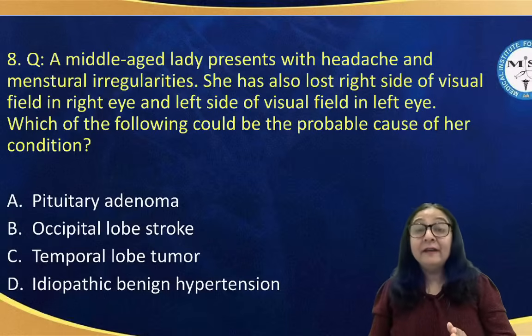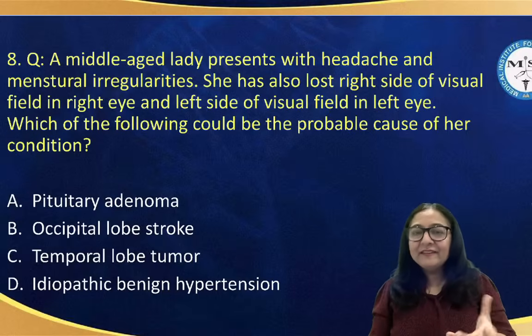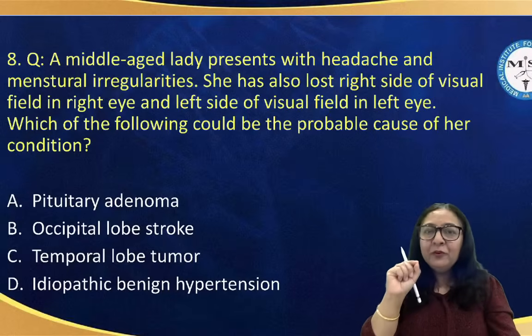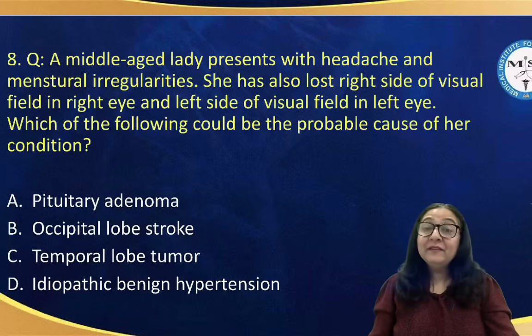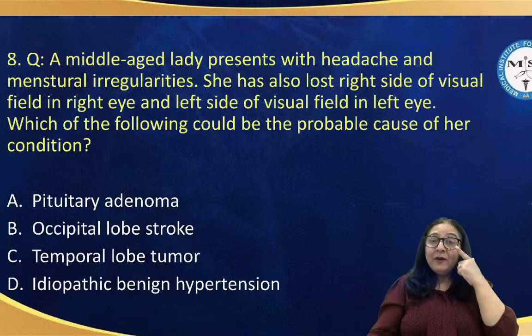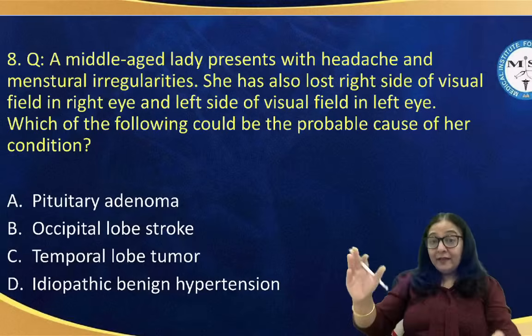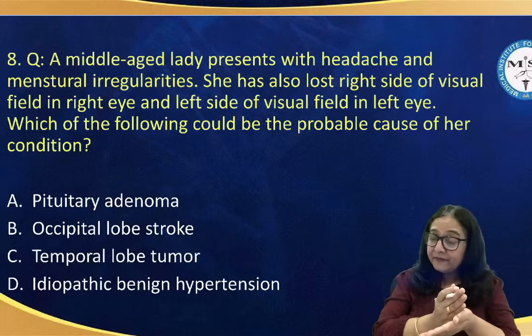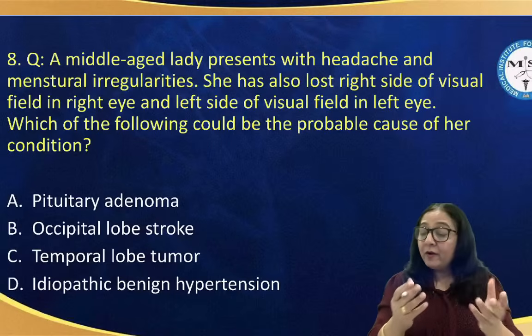If you have read ophthalmology and concentrated on the points I have been telling you to look for, you will be able to solve the questions in the exam. I can tell you from my experience and the experience of past students that ophthalmology questions come from topics like this only. The question can be a little different. They can ask just the image, just the management, or just the diagnosis, but most of the time the topics are more or less the same.